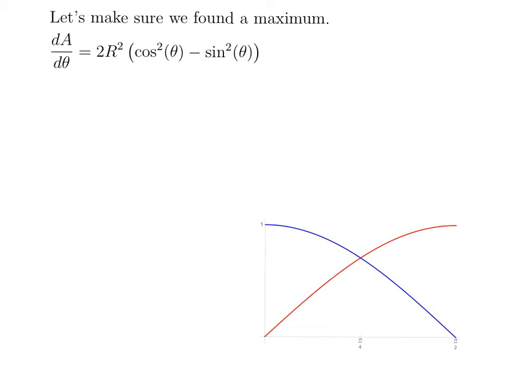If you're doing really well, you'll know we still aren't actually done. What we found was that the critical point occurred at pi fourths, and that gave us a value of 2r squared for the area. We still need to check that it really is a maximum. So let's make a plus minus chart for the derivative.